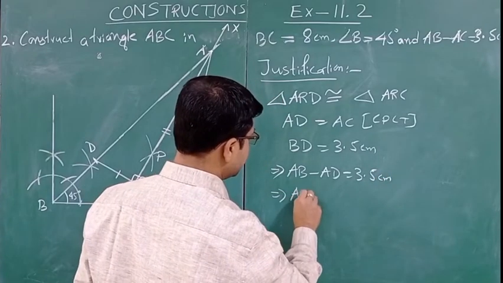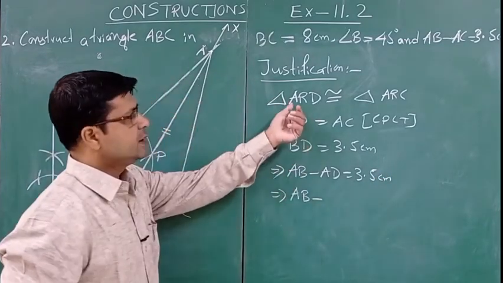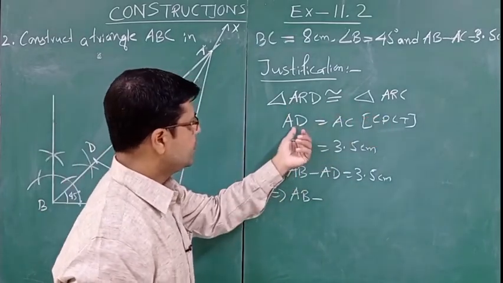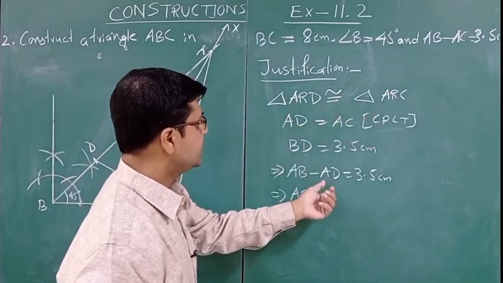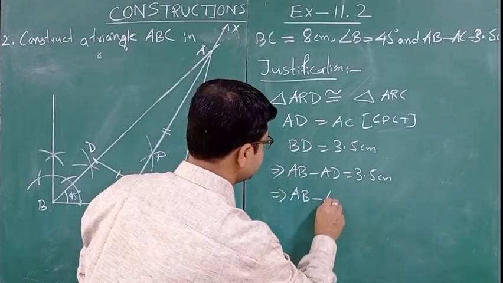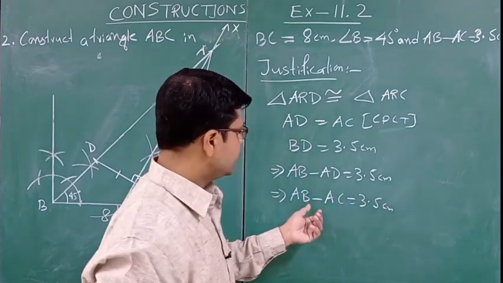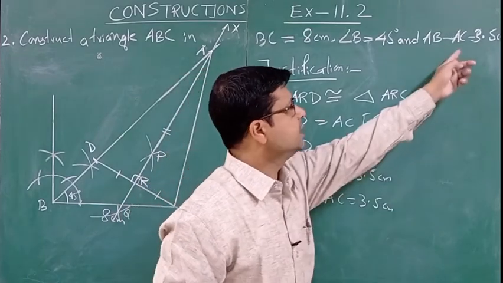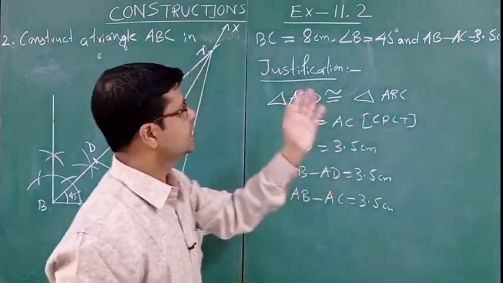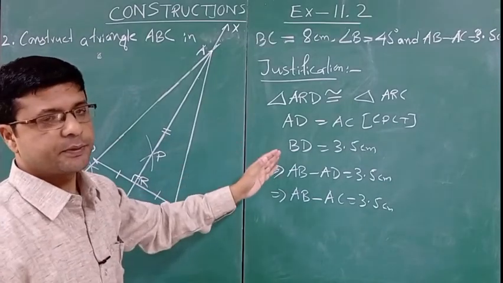Now as these two triangles are congruent, we have proved that AD equals AC. So in place of AD, let us write AC. Hence we could prove that AB minus AC is 3.5 centimeter. This is the justification.